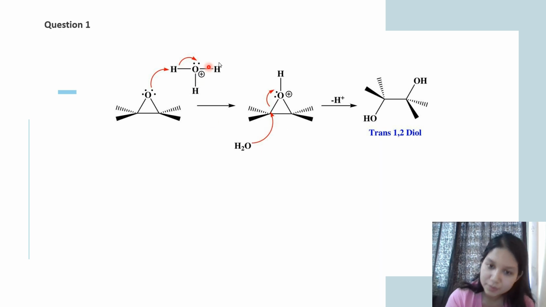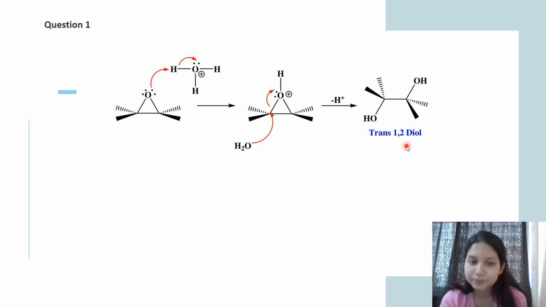If it comes from this way, it cannot efficiently donate the n orbital electrons of the oxygen atom to the sigma star of this bond. So because of this fact, you have to always consider the attack from the below face. And then finally you get a trans 1,2 diol in this reaction of an epoxide with acid.